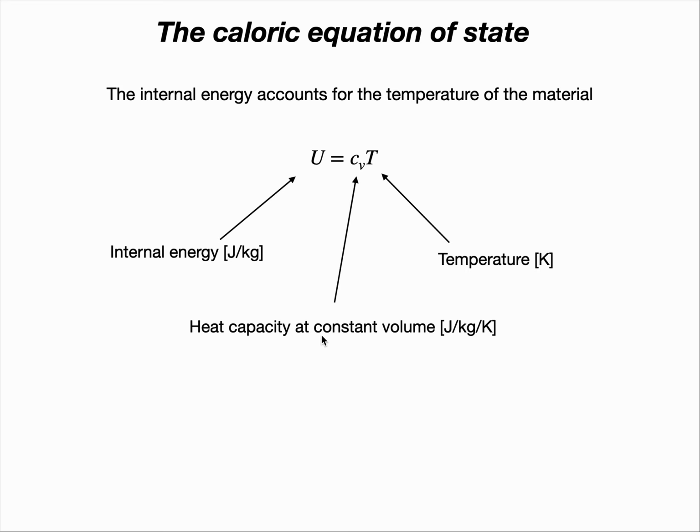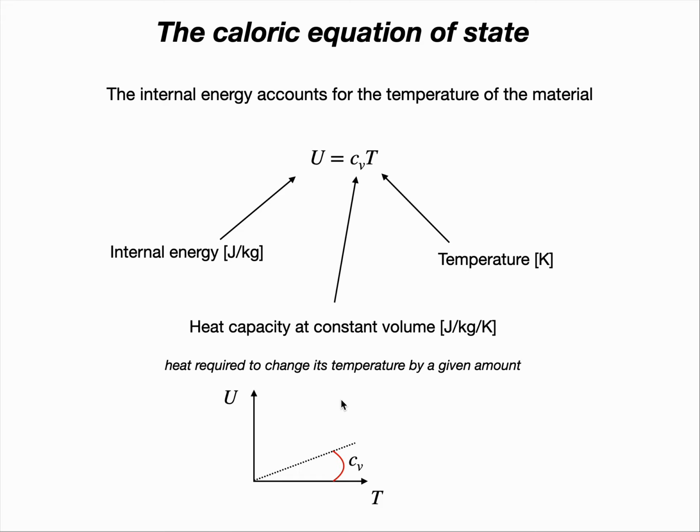There is a heat capacity at constant volume sitting there. What is the heat capacity here? This is a coefficient, like a linear slope on this diagram. You have the temperature on that side and the internal energy on that side, and CV here is the slope. So it's the heat required to change the temperature by a given amount.